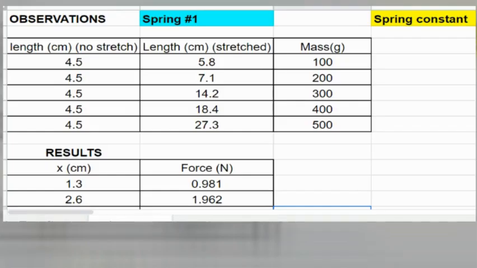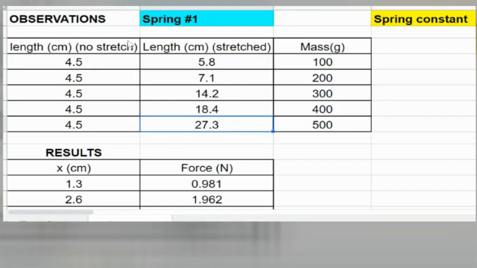I've taken the little data table that I had and put it into a Google Sheet. So let's remember what we've got going on. We have the length of the spring at the start, and here's the length with 100 grams and the length with 200 grams and so on. I've recorded my mass and so on.